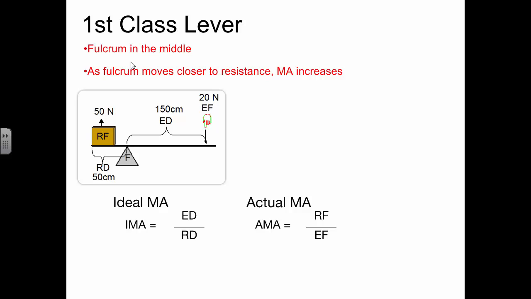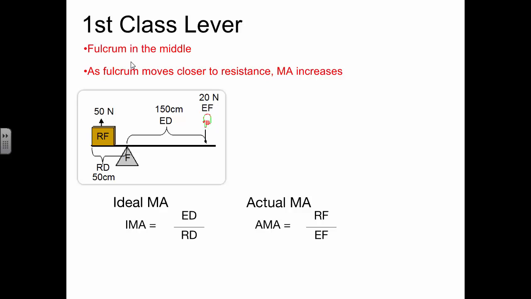So anyway, when we're calculating the mechanical advantage of levers, the formulas are obviously the same. Ideal mechanical advantage is effort distance over resistance distance. So where do we get those variables? The effort distance is the distance between the fulcrum and where you exert the effort.